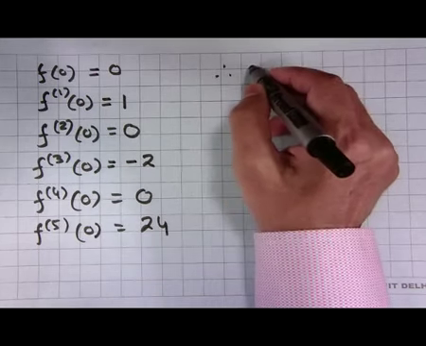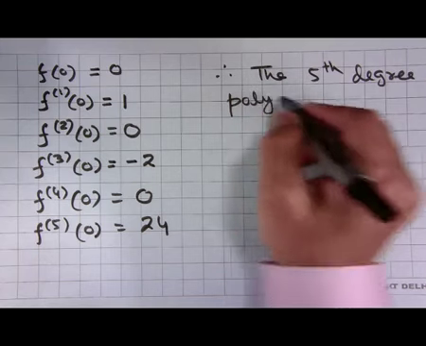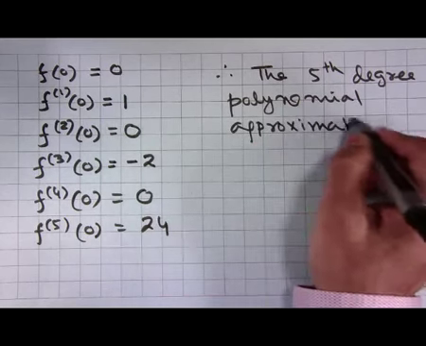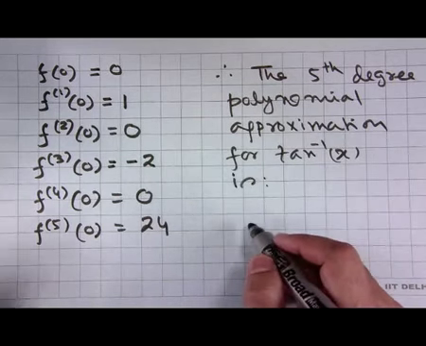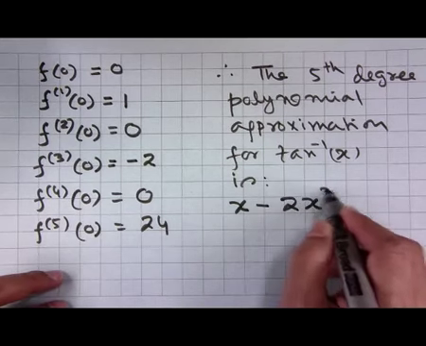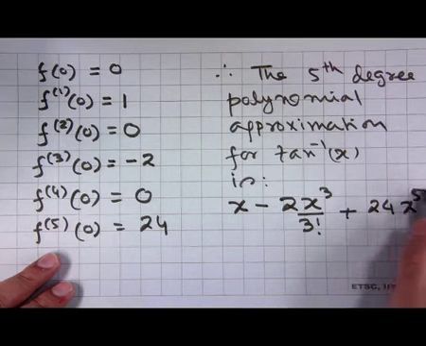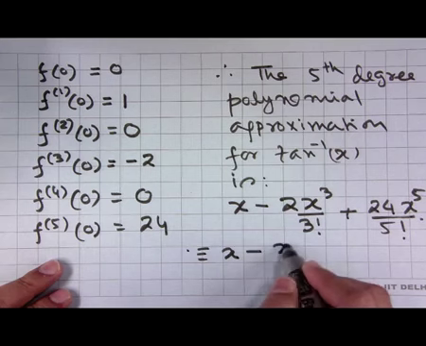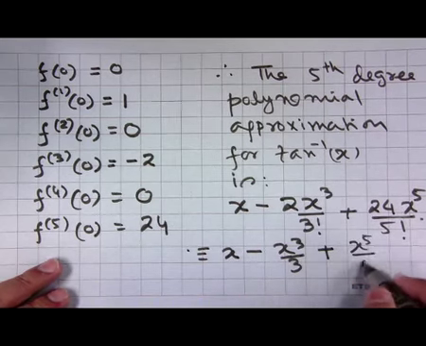Therefore, the 5th degree polynomial approximation for tan inverse x is, now you can easily understand, it is going to be x minus 2x cube upon factorial 3 plus 24 x to the power 5 upon factorial 5, which on simplification becomes x minus x cube by 3 plus x 5 by 5.